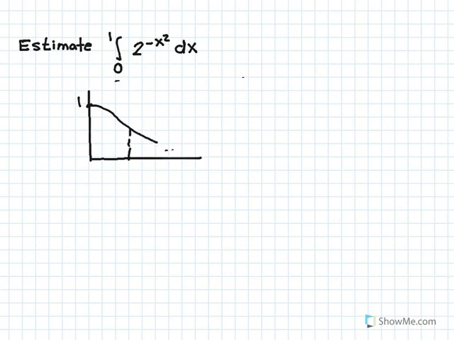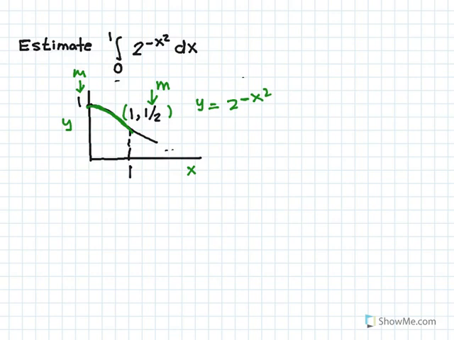And when x is equal to 1, the y value is going to be 2 to the minus 1, which is 1/2. Let's shade this region in green. So clearly, we can see that this is small m, which is 1/2, the absolute minimum. And this is capital M, which is going to be 1. So this is the x-axis, y-axis, and y is equal to 2 to the minus x squared.